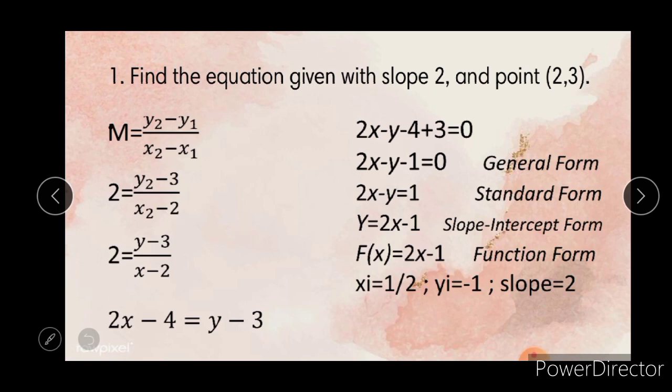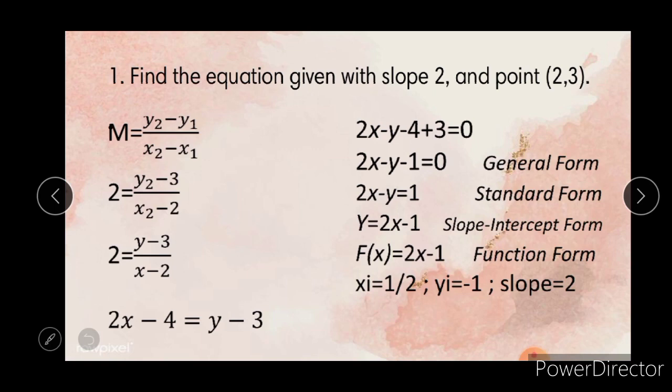Then transpose the 2x to the other side so that only the negative y remains. So we have negative y equals negative 2x plus 1. And since y cannot be negative, we will multiply both sides by negative 1 so that we will have y equals 2x minus 1. So that we can have the slope-intercept form.